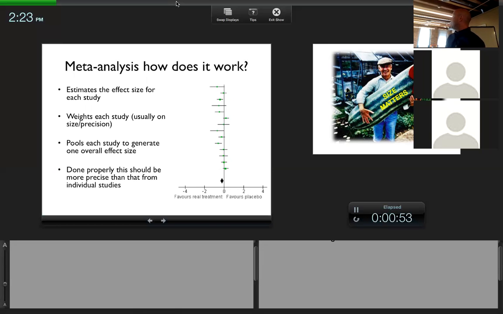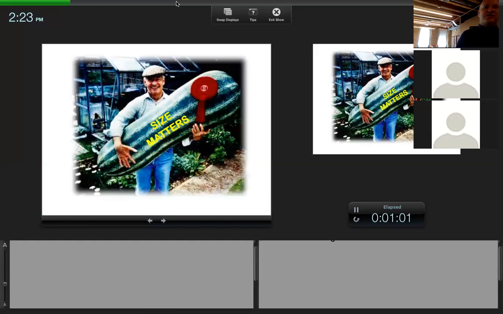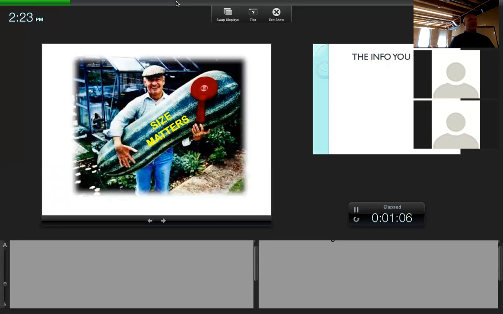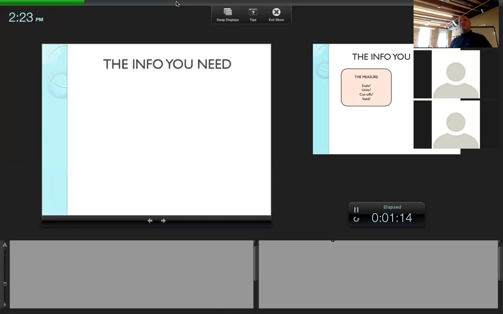So this is a forest plot here, and you'll all have seen these. And I'm going to try and convince you that they're beautiful and very, very easy to interpret. And just to reiterate something I've said about 100,000 times, size matters. We're always interested in that size and precision of the effect estimate, much less so than that p-value. The information you need when you look at a meta-analysis is, what's the outcome measure?